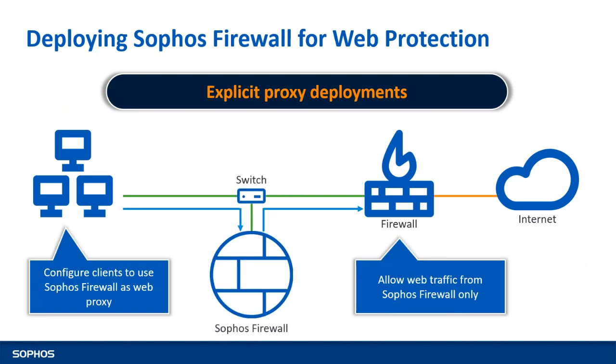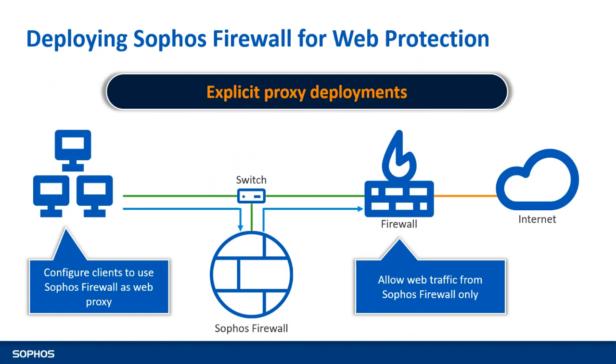The other option is for the Sophos Firewall to be on the network but not in the direct flow of traffic, and to have the clients configured to use it as an explicit proxy.